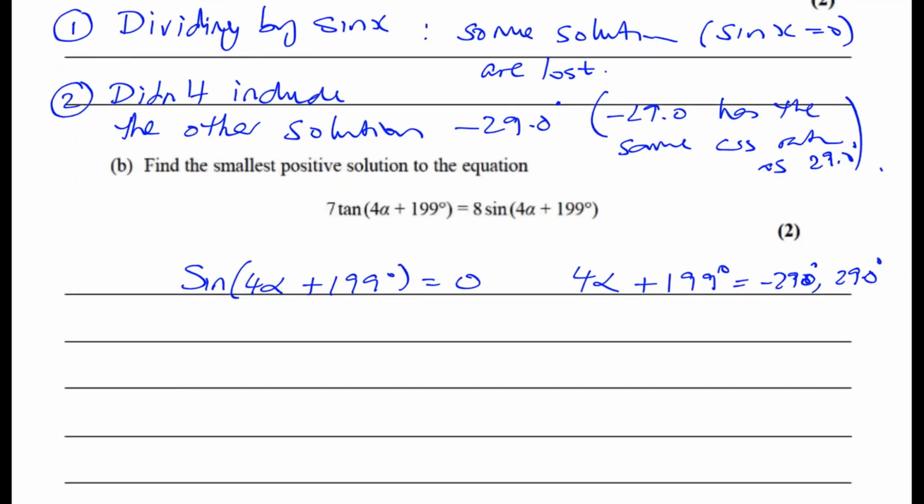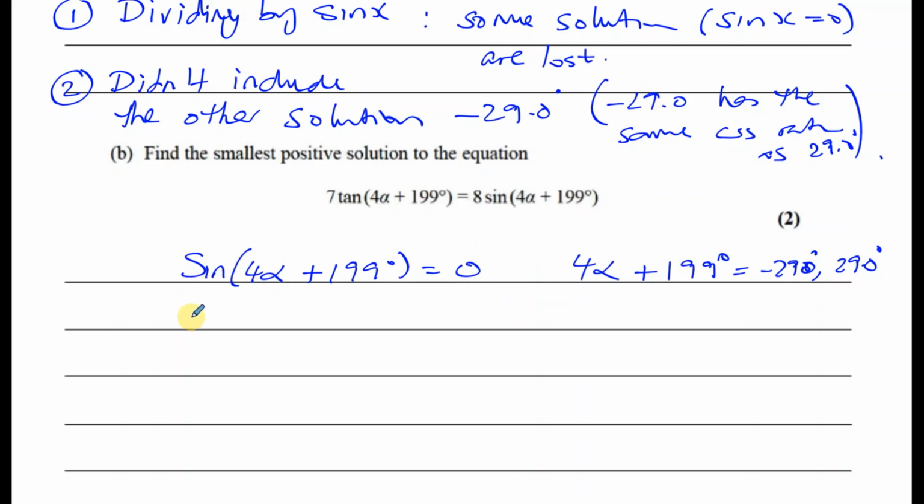Let's try and figure out what's going to happen. Now the sine of an angle is 0 at 0 degrees. So 4 alpha plus 199 equals 0 degrees. If I solve this, it's going to give me a negative solution, because 4 alpha equals minus 199, divided by 4, will be negative. So the next solution up is 180 minus 0, which is 180. That's the next time that the sine curve equals 0.